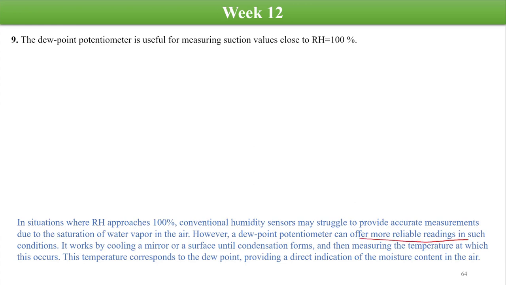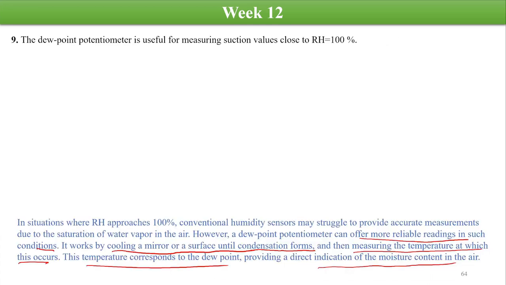It offers more reliable readings in such conditions because it works by cooling a mirror or a surface until condensation forms, and then measuring the temperature at which this occurs. The temperature corresponds to the dew point, providing a direct indication of the moisture content in the air, right? So this statement is considered as correct.